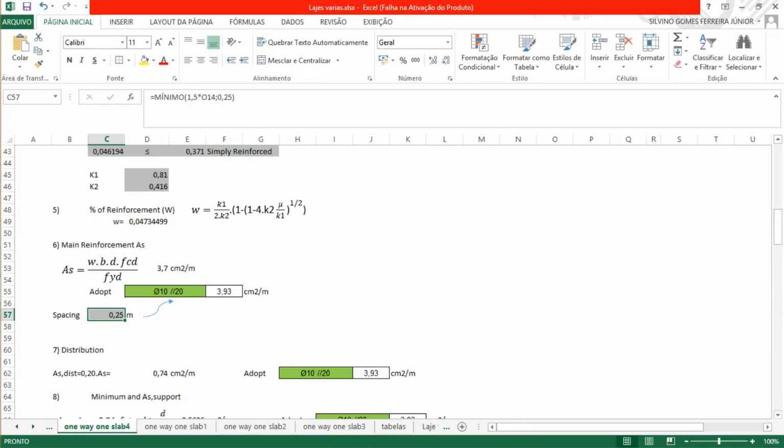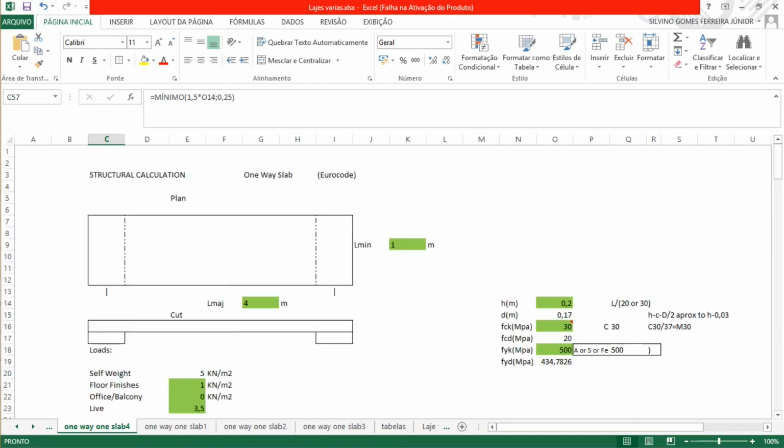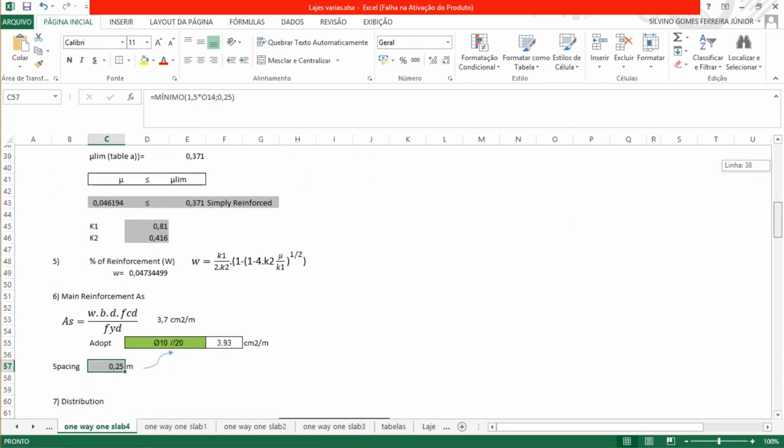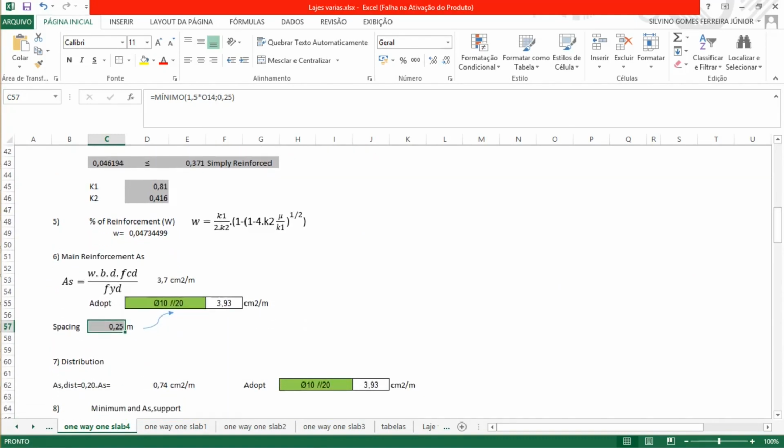So you get the minimum value from 1.5 multiplied by total depth, or you could use 30 cm, but I like to avoid future problems, and the maximum I use for a slab of this magnitude could be 25 centimeters. So the minimum value that I get from 1.5 multiplied by the total depth 0.20 is 25.